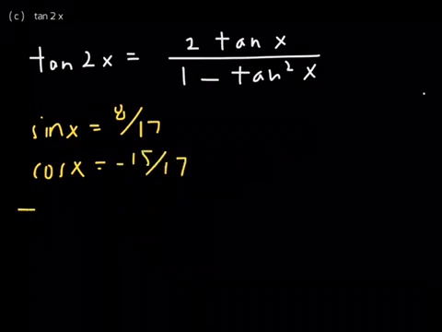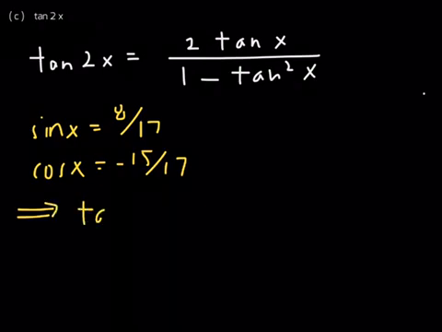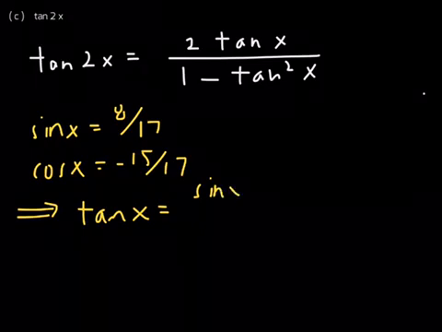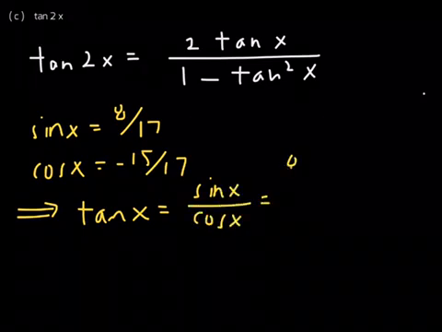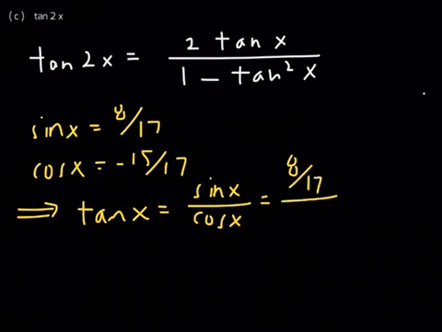So that implies that tangent of x is equal to sine of x over cosine of x, which is 8/17 over negative 15/17, right?